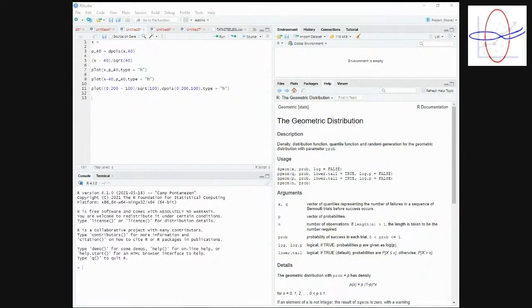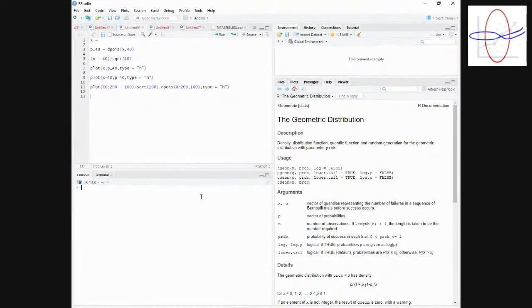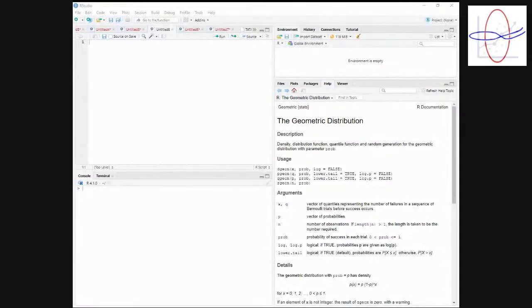Okay, let's understand the parameters also. I've already made the code for you on our website, but we will do it again over here. Here is the code.